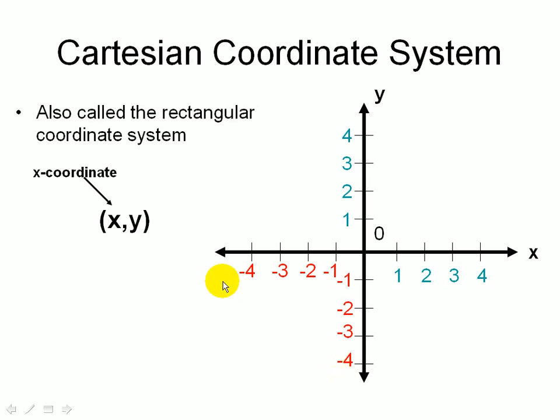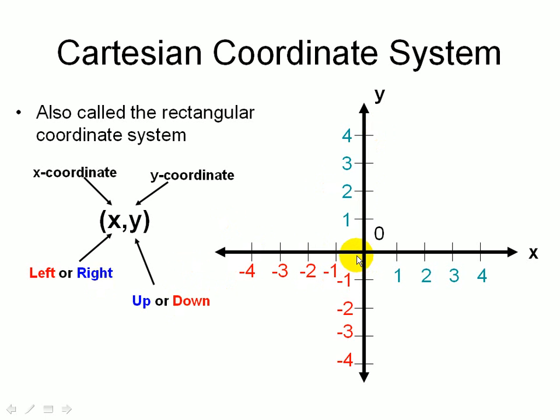The first number in this ordered pair, shown here enclosed in parentheses, is called the x-coordinate, and then the second number or variable shown here is the y-coordinate. The x-coordinate describes the left or right position with respect to the origin, while the y-coordinate represents the up and down.